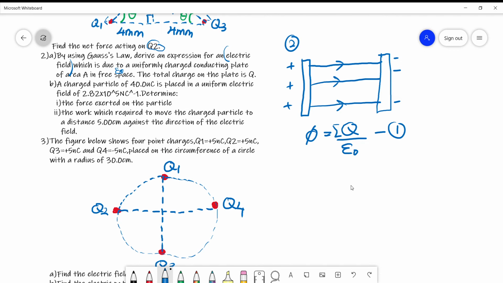As for another formula, what we have is equal to EA. In this case, there are two conducting plates, and hence the conducting plates consist of two surface areas.